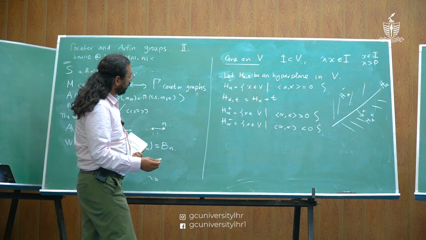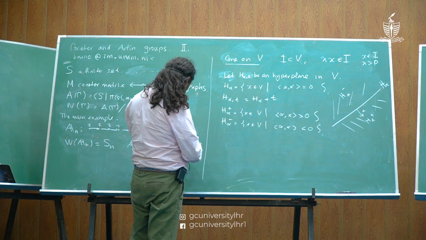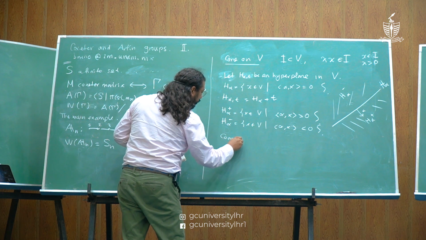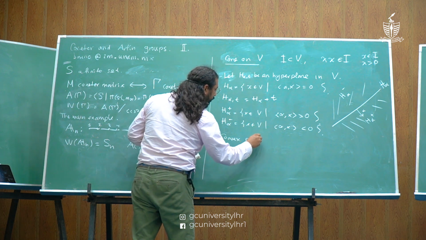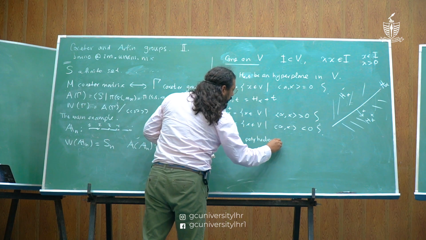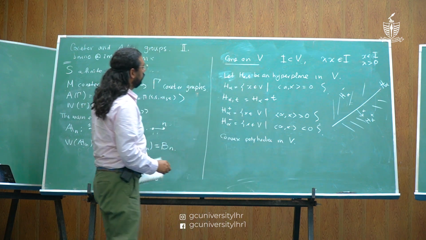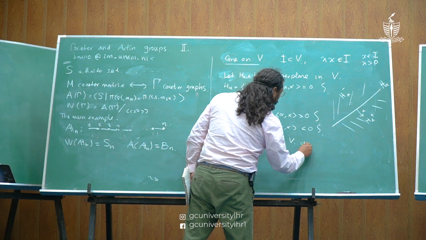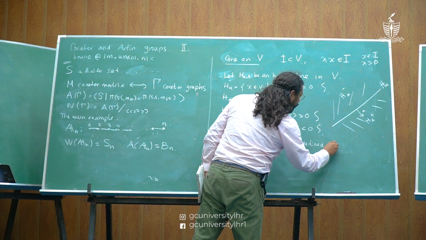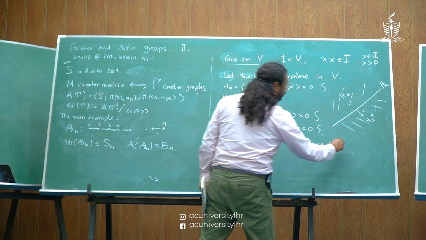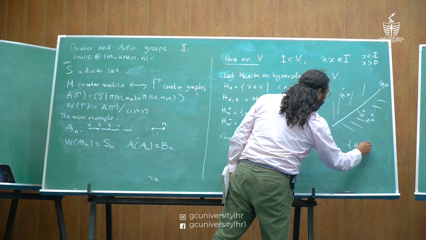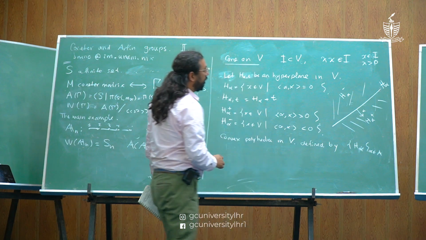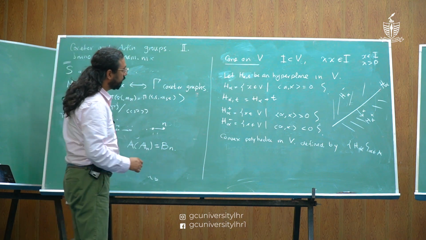Okay. How can we define polyhedra? A convex polyhedron in B defined by a given family of hyperplanes H alpha.